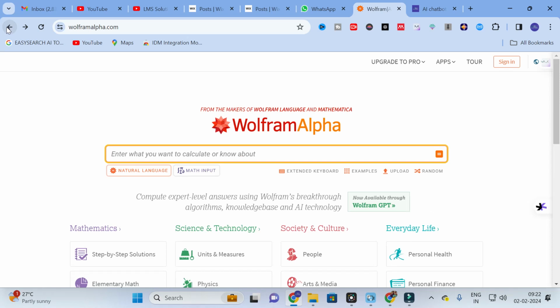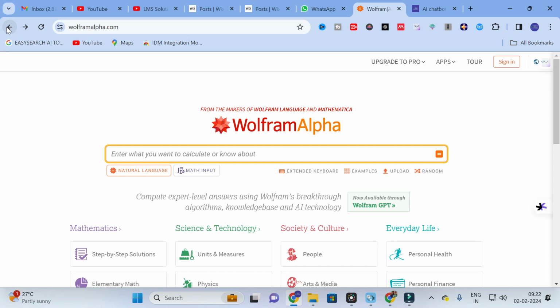Because in order to make an analysis about a particular thing, you need to study more and you have to refer to different books. This Wolframalpha will give an instant solution for your questions. It will be generated by AI technology and better breakthrough knowledgeable algorithms. So it will generate a perfect answer for you within seconds.